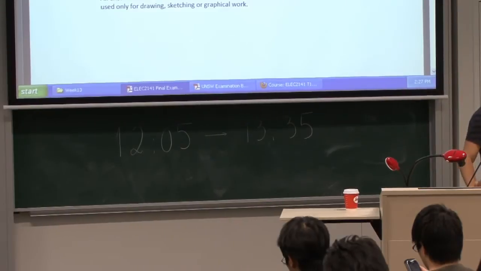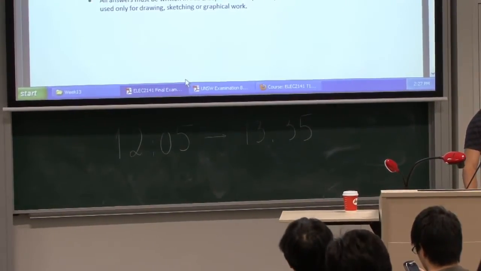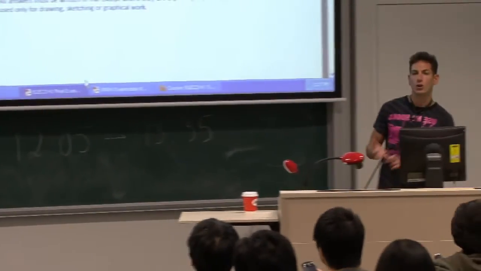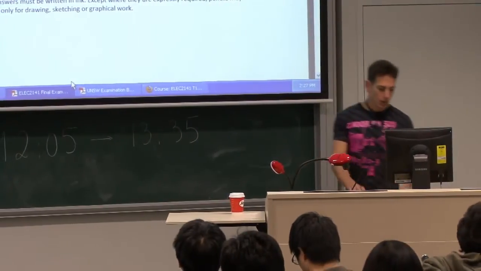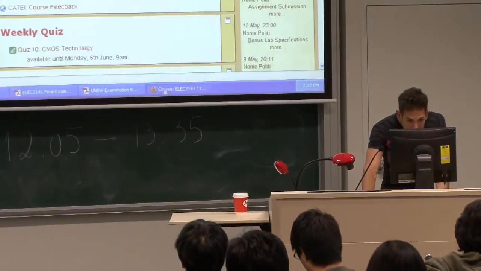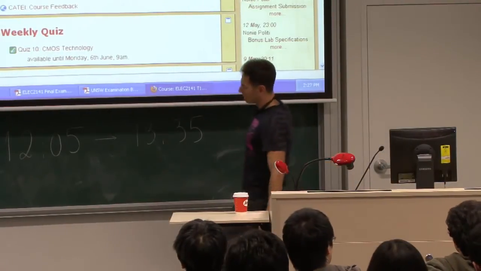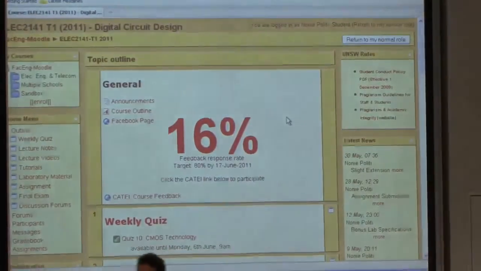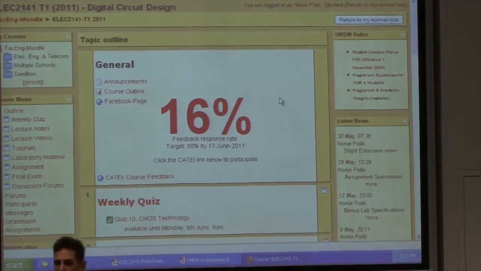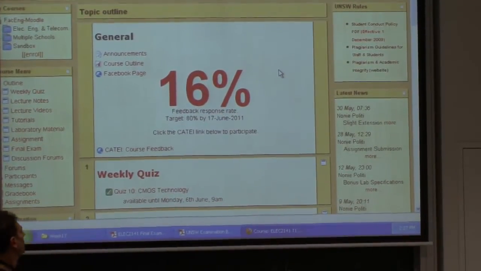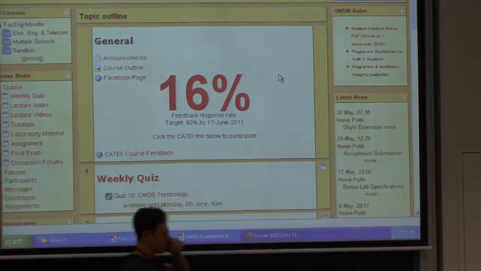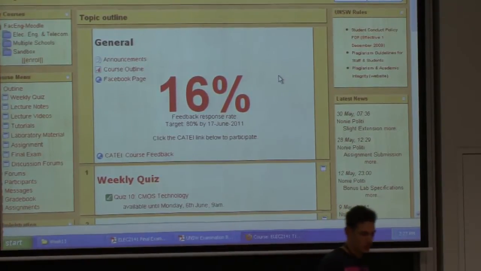You can access them either through My UNSW or through the course webpage. Now what I've done, if you've seen it, in the course webpage, I've put in huge big letters what percentage we're standing at with the feedback. I am hoping for 80% participation, and each one of you can help us.